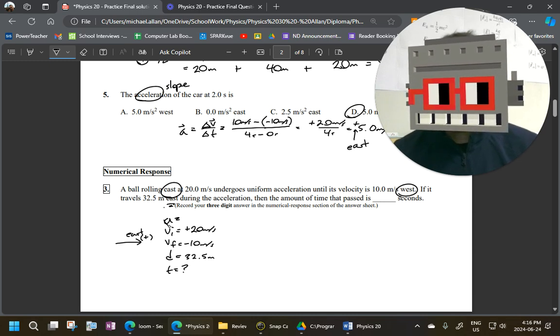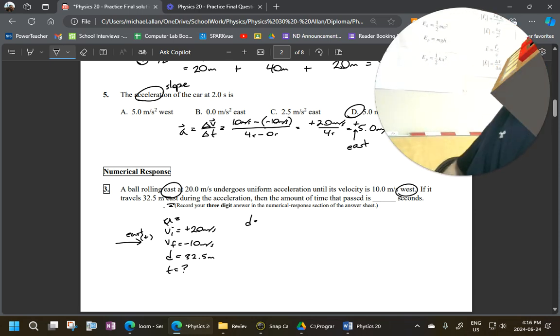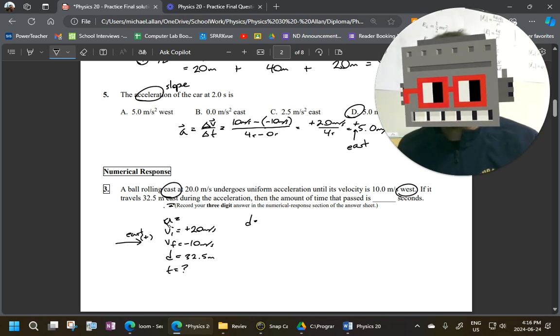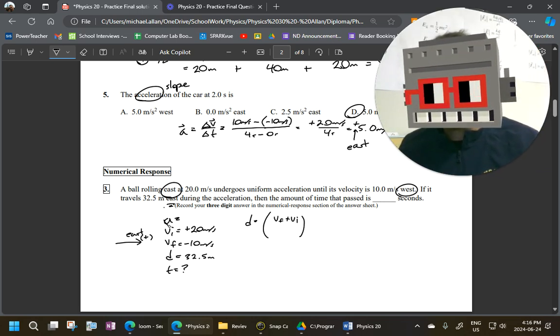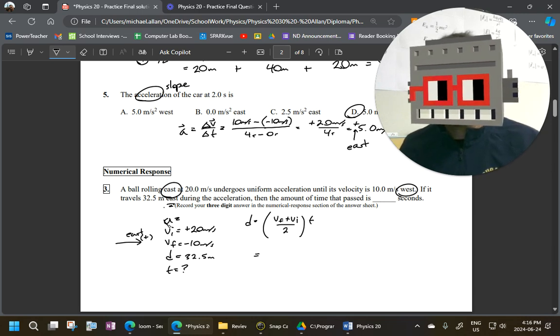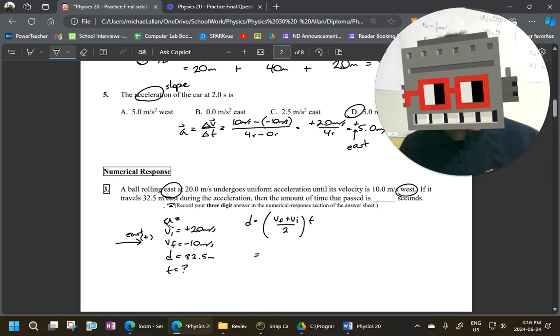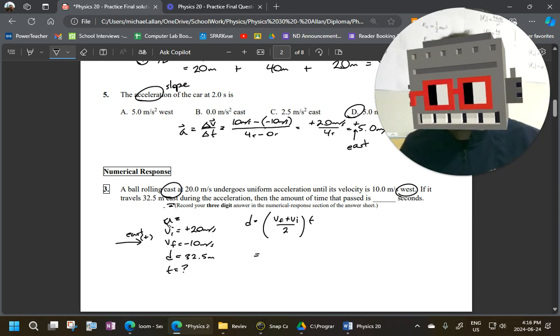So finding a formula that has these 3 things in it. D is equal to, and this one I don't use that often, VF plus VI over 2 times T. I'm trying to solve for T. So I can rearrange this. I can put the numbers inside the brackets and find that number and divide it over.